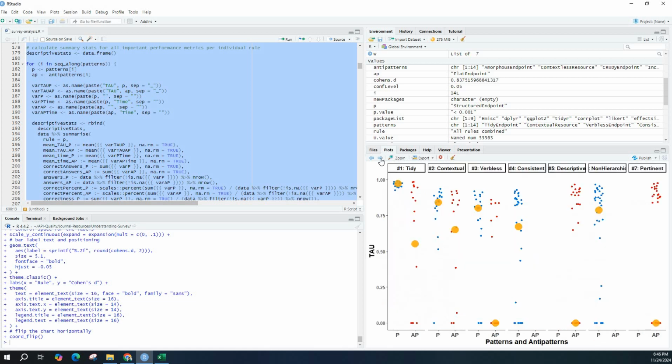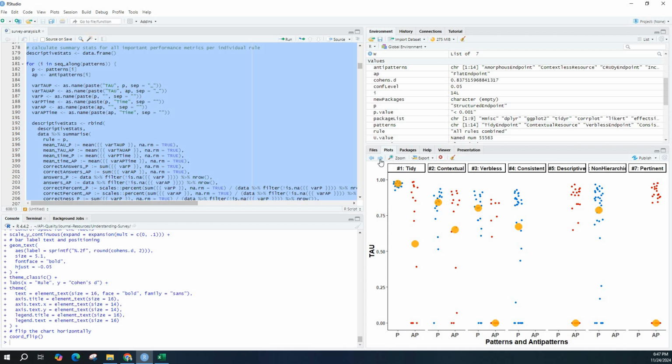In the same way, we also use these plots to show the distribution of tau. In most cases, for example the mean tau for tidy endpoints, you can see the huge difference between patterns and anti-patterns. It makes sense, since tidy endpoints are really easy to understand compared to amorphous endpoint, which is the corresponding anti-pattern for tidy endpoints.